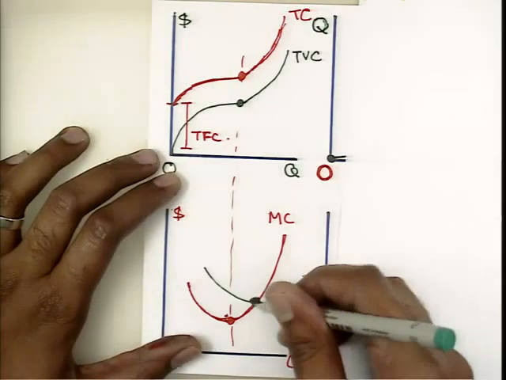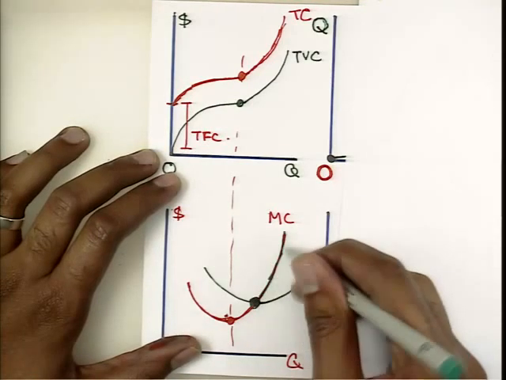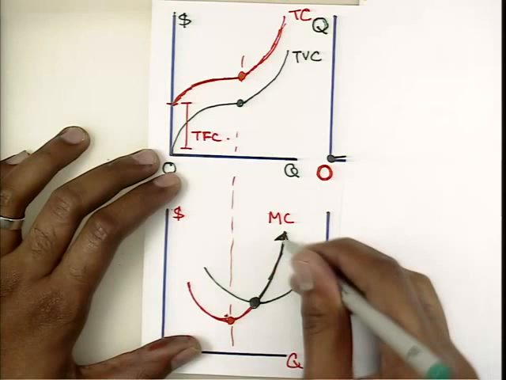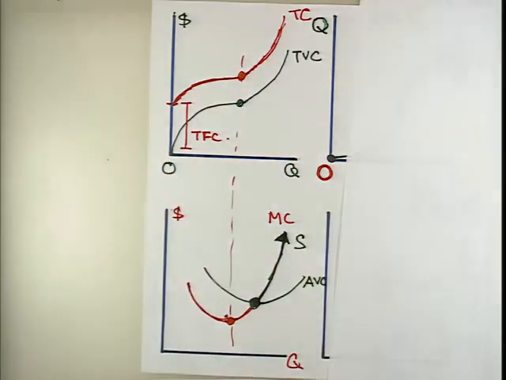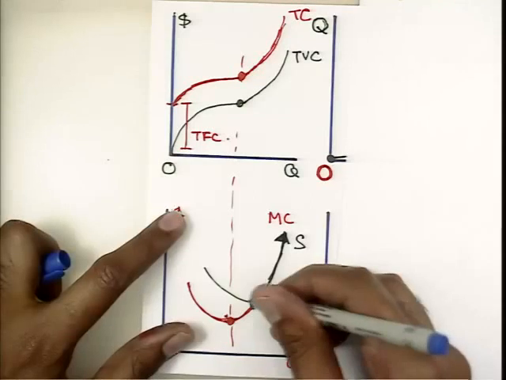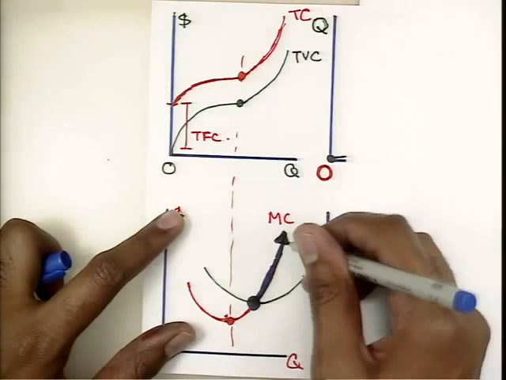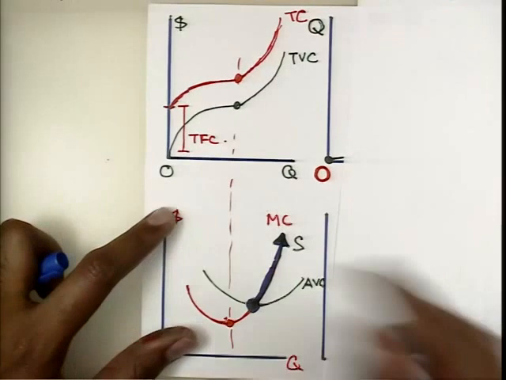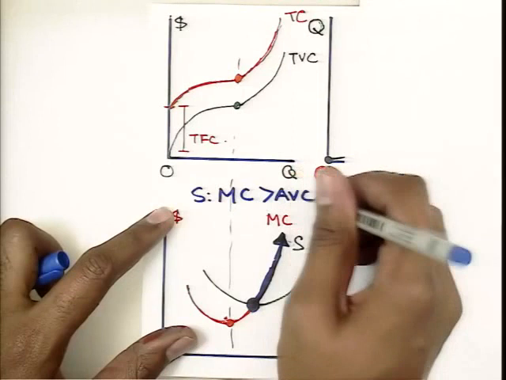The marginal cost curve above the average variable cost curve is the firm's supply curve in perfect competition. The supply curve is not the entire marginal cost curve, but just the portion of the marginal cost curve above average variable cost.